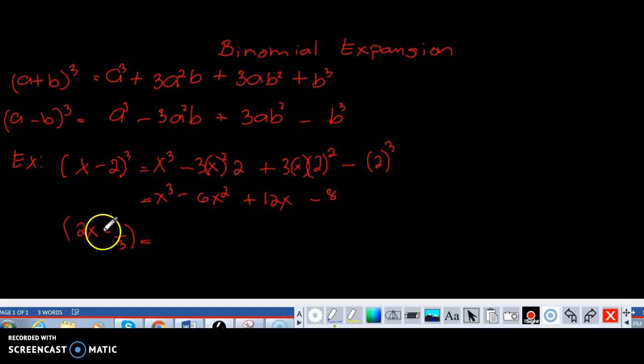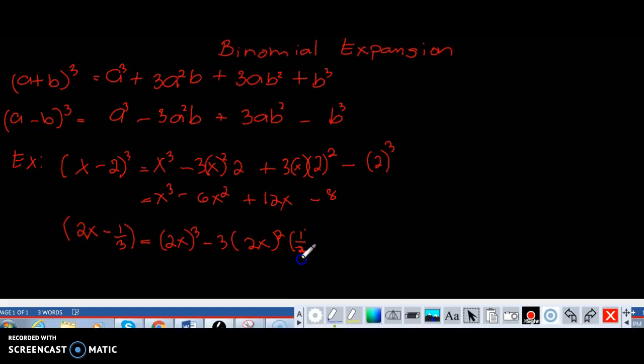All right, so you need to cube the first term, so you have 2x. If you have more than one factor, you need to enclose it in parentheses. You cube that, minus 3 times the first term, which is 2x squared, times the second term, 1/3.